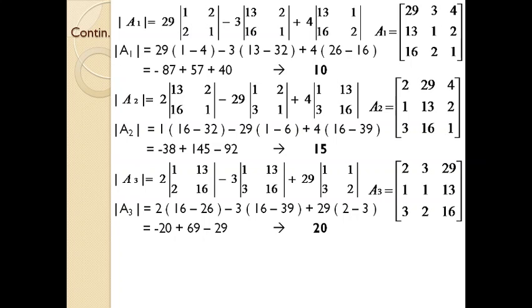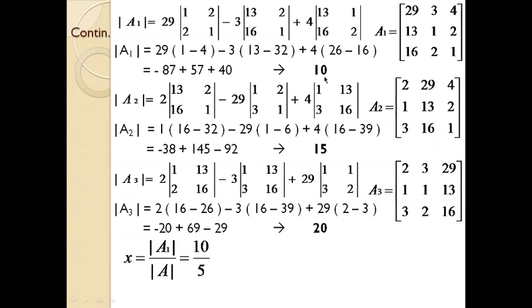So now you have found determinant A1, determinant A2 and determinant A3, and on the previous slide we found determinant A. Now you just need to substitute these determinants into the equation we learned earlier. For finding the value of x, the equation was A1 determinant divided by A determinant.